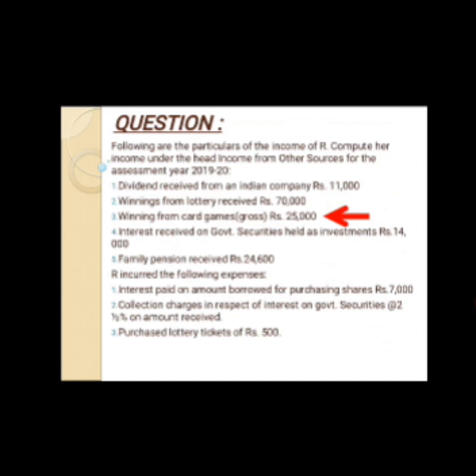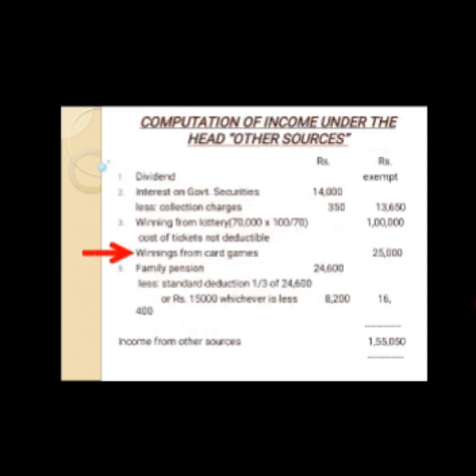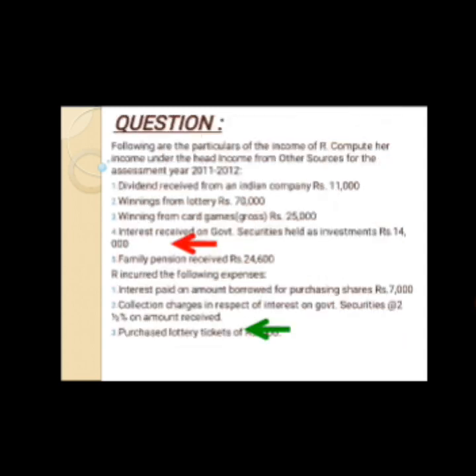Third income source is winning from card game. Since it is a gross amount, there is no need for grossing up. In the solution, rupees 25,000 is posted as it is. Fourth income source is interest received on government securities, rupees 14,000. It has expenses also.